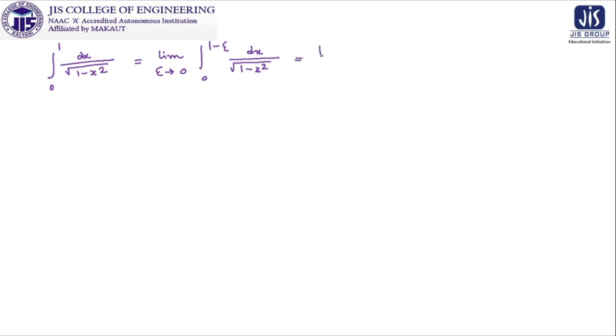Now in the next line we can write it as, let the limit epsilon tends to 0, then dx by root over 1 minus x square is sine inverse x, and the limit will be here 0 to 1 minus epsilon.